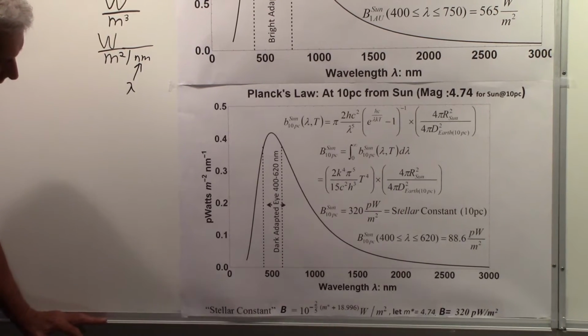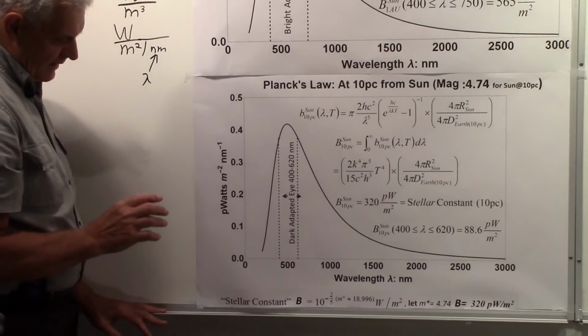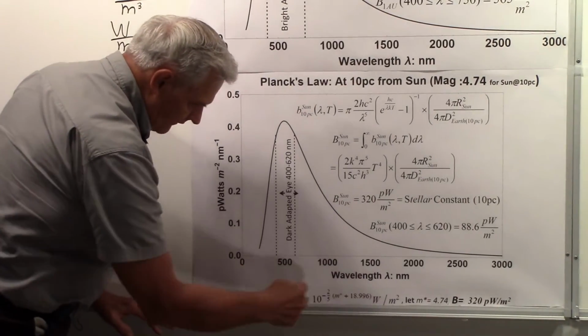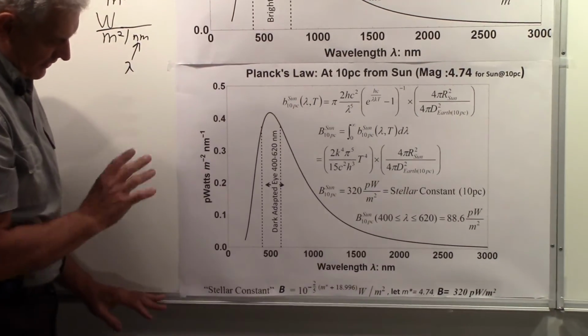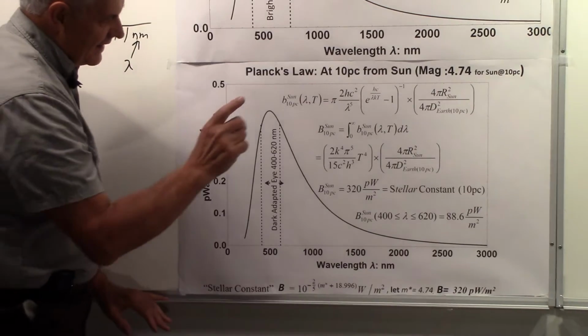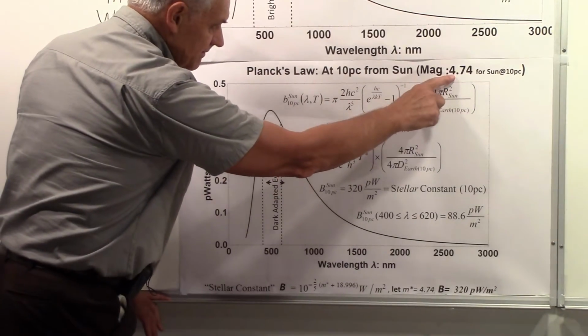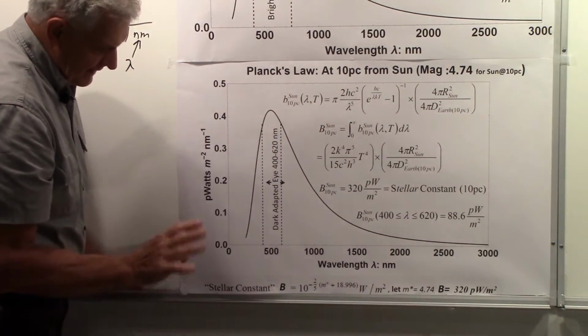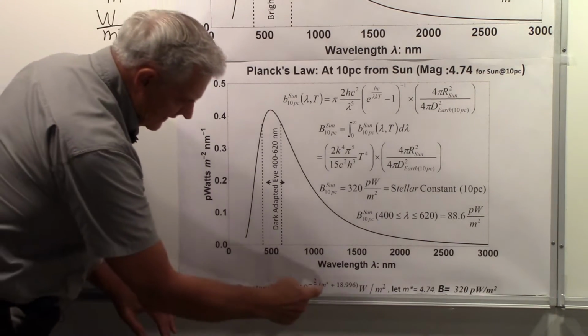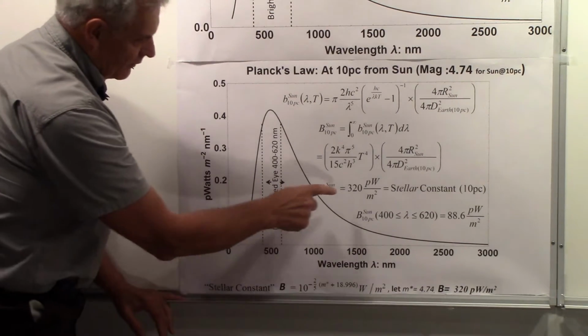And so the stellar constant that we want to derive, we want to find this equation yet. We haven't done that. We're going to do that next. If we take the sun's absolute magnitude at a distance of 10 parsecs and stick it in here, we hopefully will get this number.